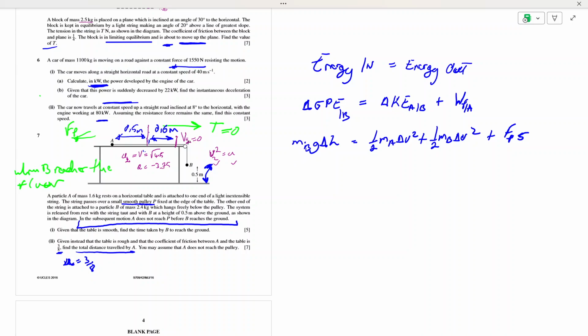So then you can substitute in the values: 2.5 multiplied by 10 multiplied by 0.5, the height moved by particle B, is equal to, then you can write this part here, you can just factor out half and the change in velocity squared.